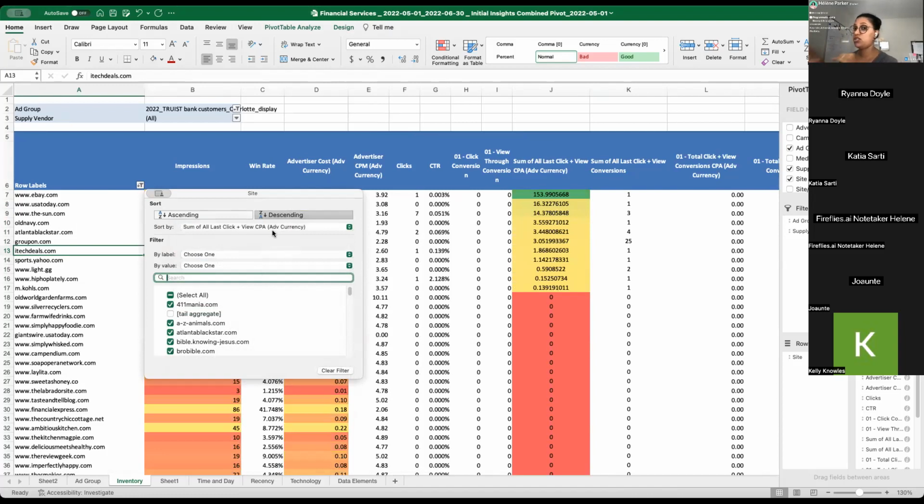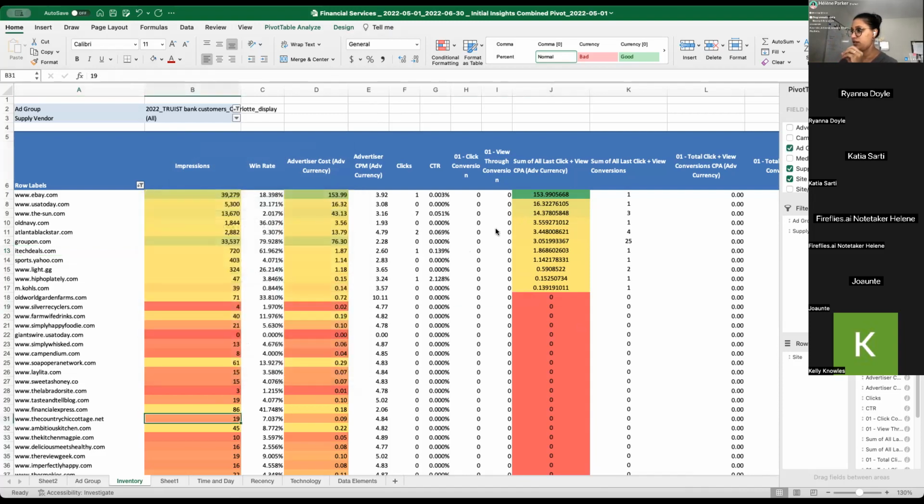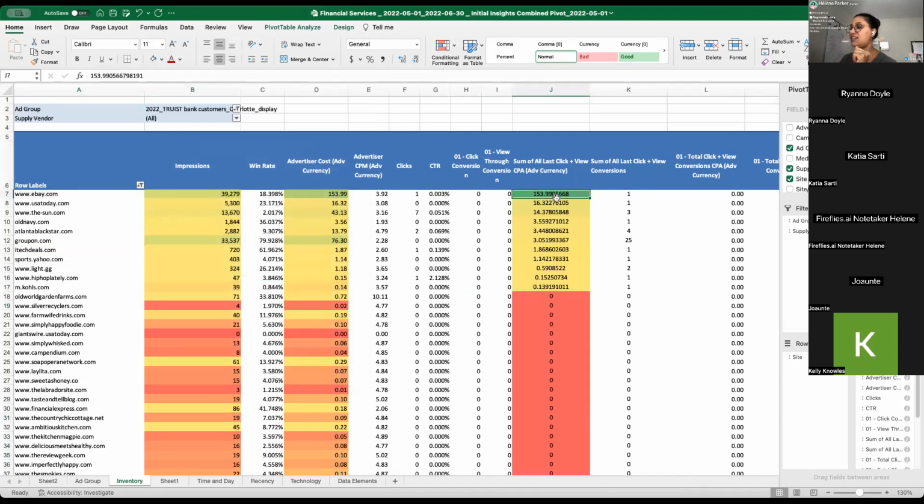This is just using Excel's formula, based on the numbers you see, which one has the highest spend, which one has the lowest spend, and sort it by this metric. Okay. So I'm just going to leave it like that for now. Okay, cool. So eBay.com has the highest CPA.